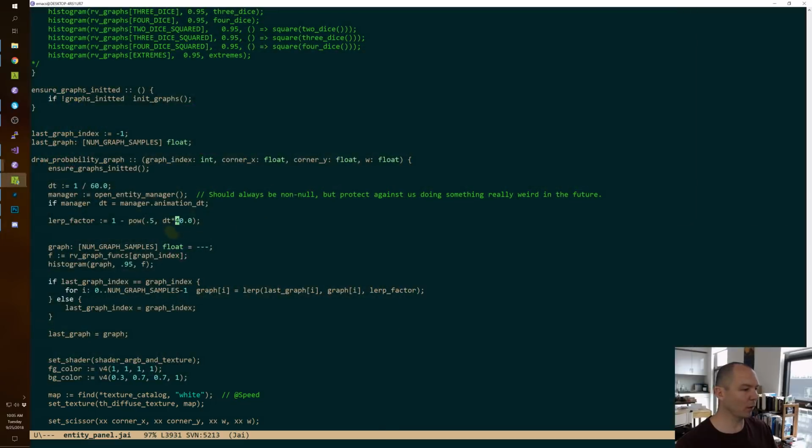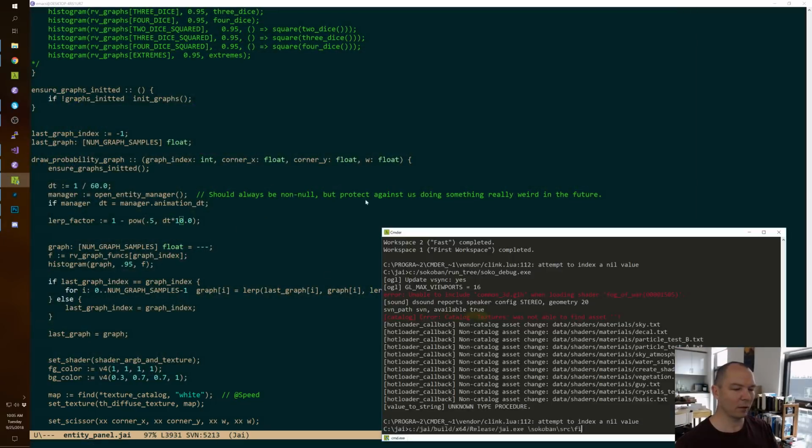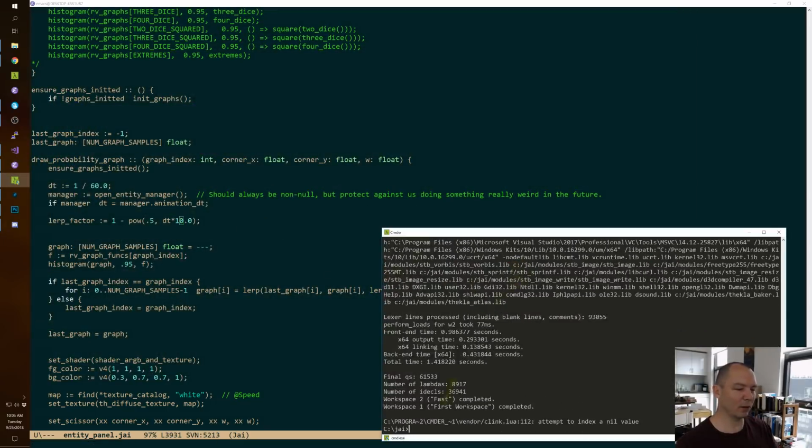Oh wait, I went the wrong way. I keep getting confused about which direction that goes.